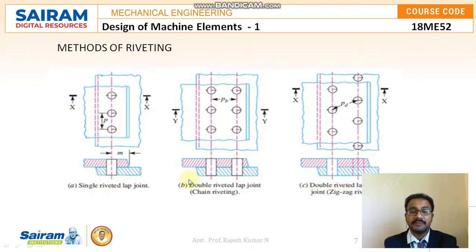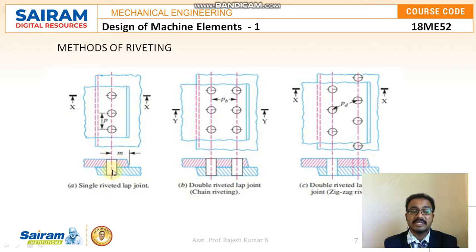Here you can see this particular slide where I will be discussing the lap joint, single and double riveted. If I am calling something single riveted, you can see these are the two plates which I will be riveting together with the help of this particular rivet.